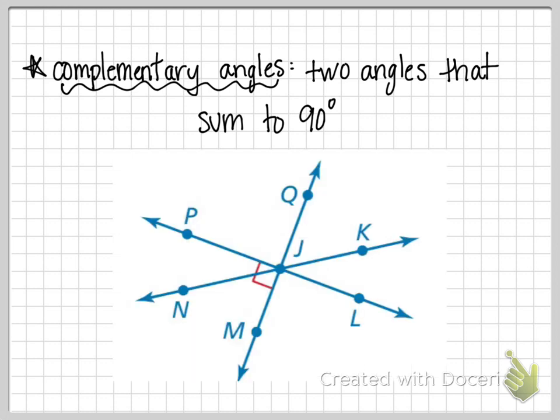Here's our little diagram again. This is the same one. Remember that little red sort of half a square means 90 degrees. So what are two angles in this figure that are complementary? Kellen.